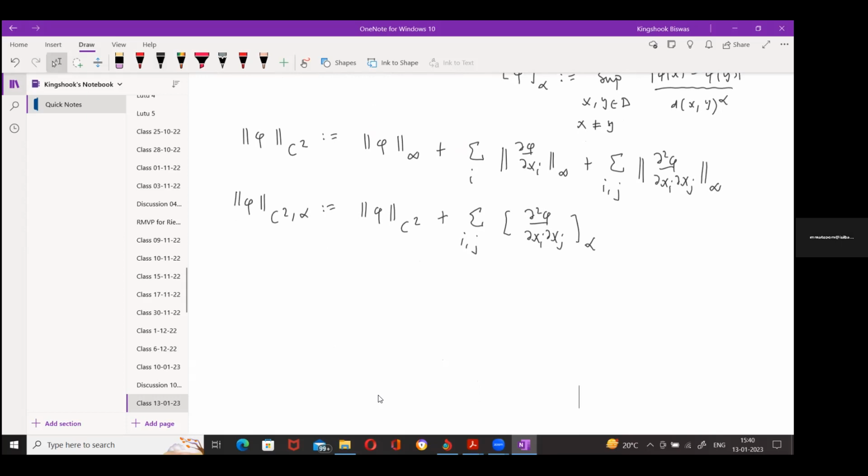So is the definition clear? And then C2 alpha of D closure, this is a Banach space.